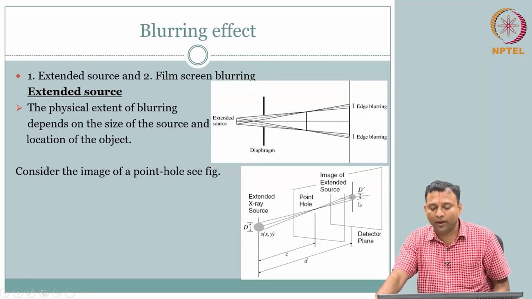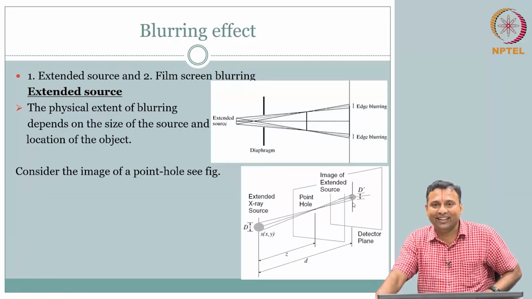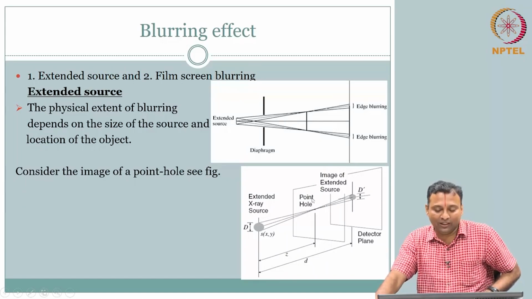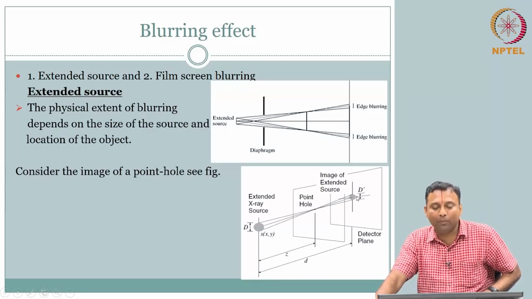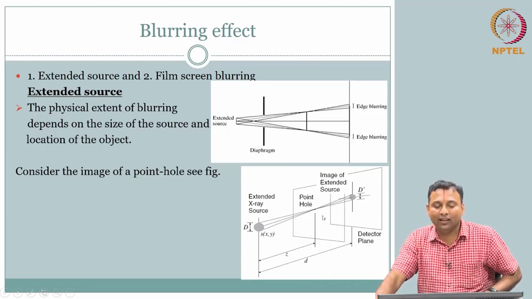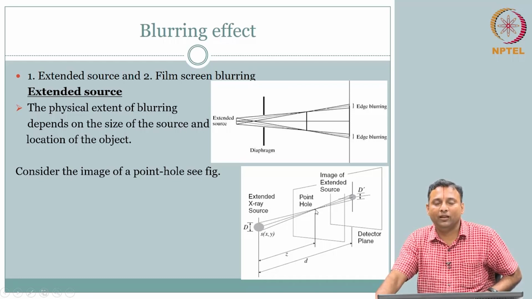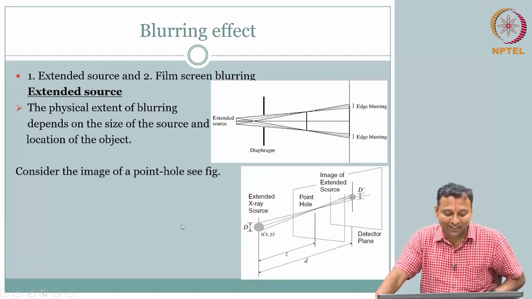This is not a point, this is a spread version of the point. Start to think about it. So I have a point here, my source, and I have a copy of my source, a scaled version of my source, but my object is just a point. So what I am recording is some version of the source, even though I would interpret it as a version of the object.